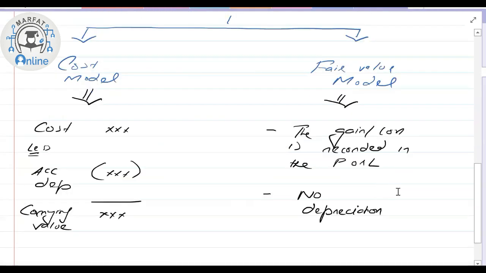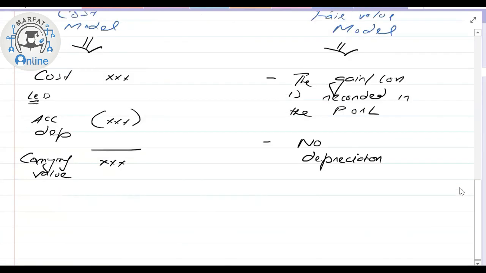And the fair value model is that we have the value at each reporting date. We remeasure the asset, we take it to the market value. Any gain or loss is reported in the profit or loss, and we do not charge any depreciation as well.